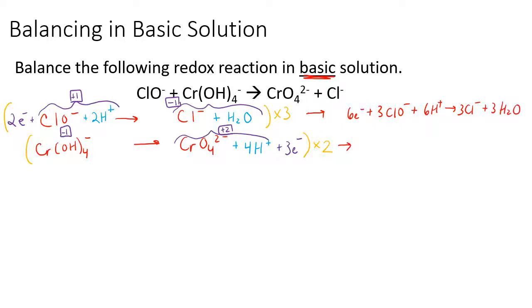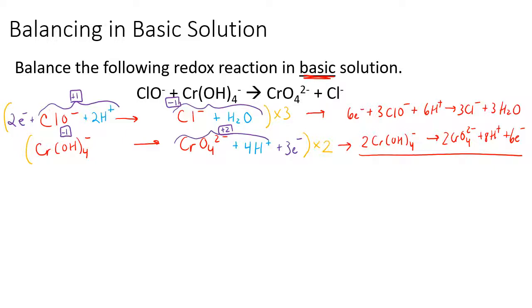For our second half reaction, we're going to have 2 CrOH4 minus, and on the product side, 2 CrO4 2 minus plus 8 H plus, plus our 6 electrons that need to cancel.